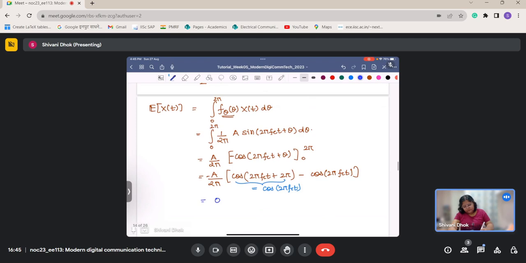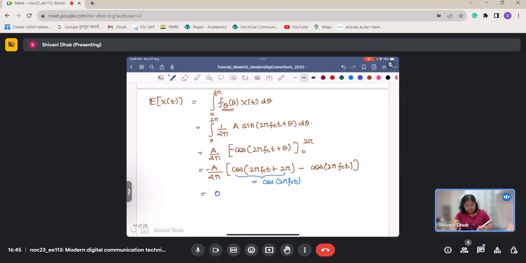Now if you observe carefully, the expectation of x(t) is 0, and we have the expectation of x(t) x(t plus tau) equal to A square by 2 cos 2 pi fc tau. This is basically your second moment, or let's say correlation, and this is your expectation of x(t).